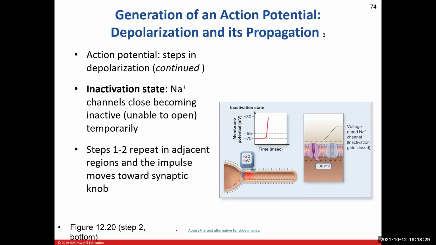Now, our voltage-gated sodium channel is going to enter into the inactivation state. Remember, there are 3 states to the voltage-gated sodium channel. Once we get to that positive 30 value, the inactivation gates slam closed, because remember, voltage-gated sodium channels have two gates.